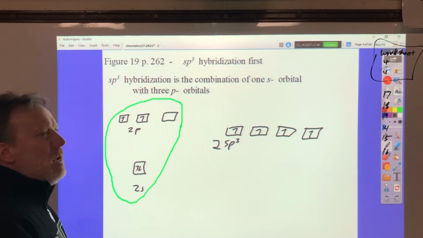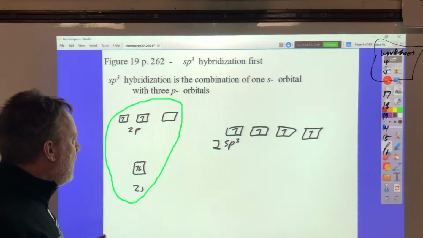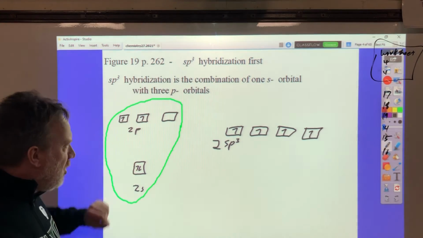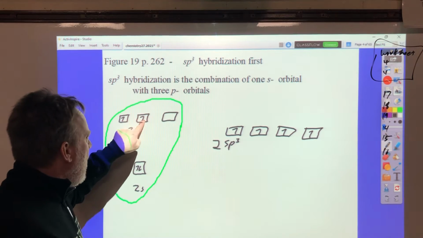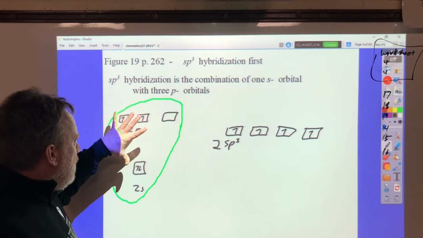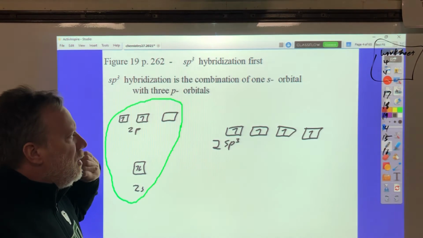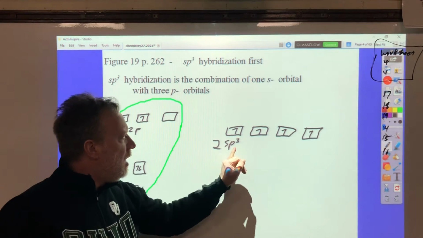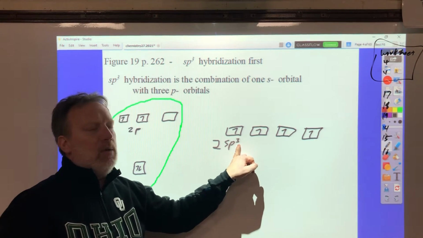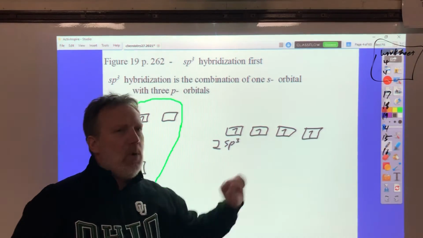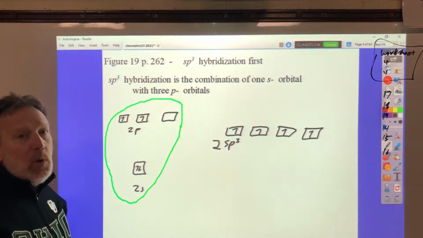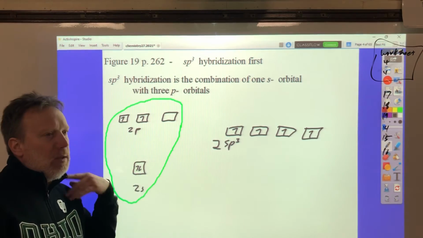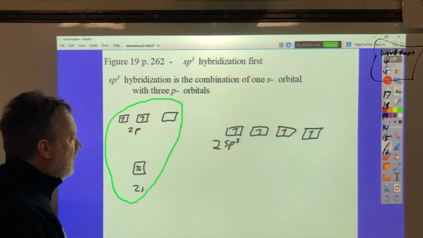So how a hybridization model explains this is you take an s orbital and 3 p orbitals and combine those 4 orbitals to make a new kind of orbital, an sp3 orbital. There are 4 of them that each have 1 electron, which works well with Hund's rule. Every orbital gets 1 electron before any gets 2.